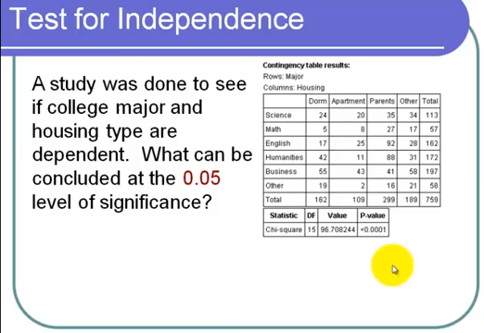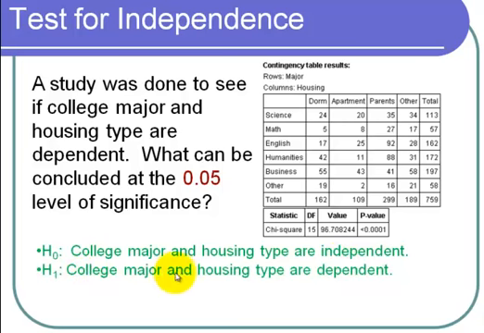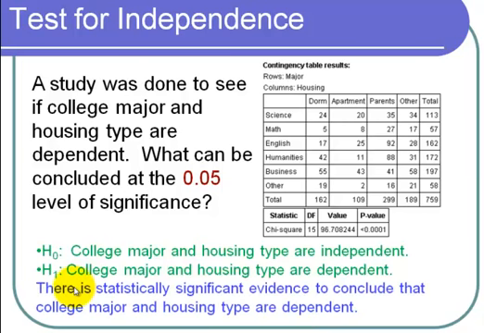And remember, the null hypothesis, in this case, is college major and housing type are independent. Independent is always in the null. And the alternative hypothesis is that college major and housing type are dependent. Since we had a small p-value, we say there is statistically significant evidence to conclude that college major and housing type are dependent.